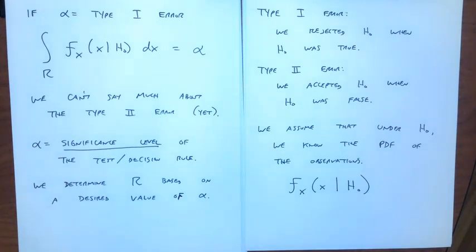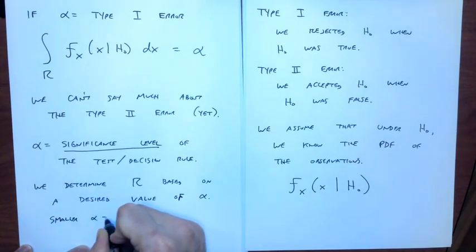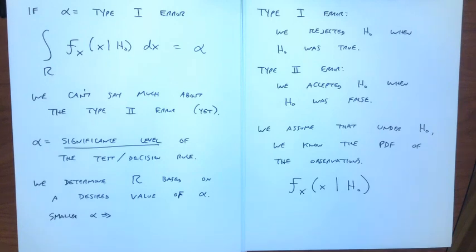And so, again, let's think about what we'll expect to happen. A smaller alpha, what does that mean? It means that we want to be very careful not to reject the null hypothesis, right? So we're going to be biased on the side of accepting the hypothesis. If alpha is really small, I'm going to accept that hypothesis a lot.